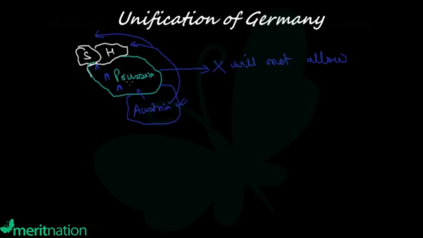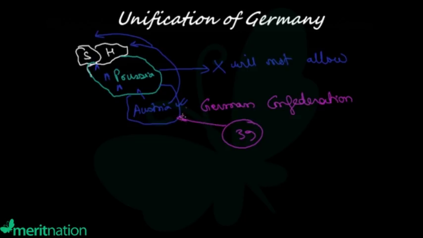I will not allow you to pass through. In this situation, most of the German Confederation, the confederation of the 39 states that Germany had, was supporting Austria. They too believed that Austria should take care of Holstein and Schleswig, and Prussia should allow Austria to reach there.